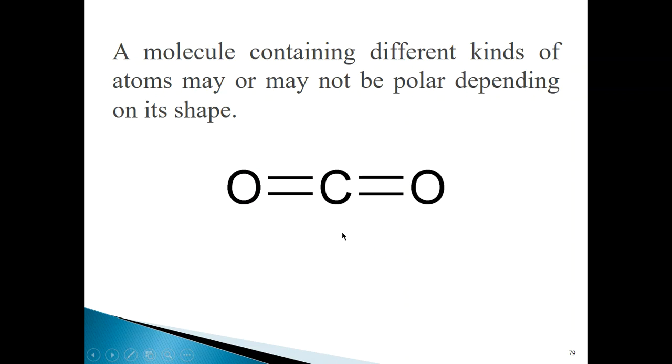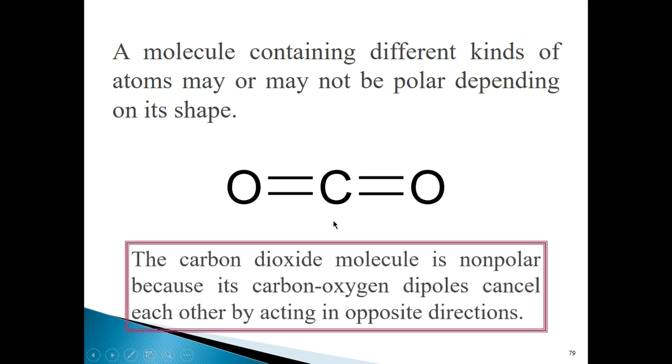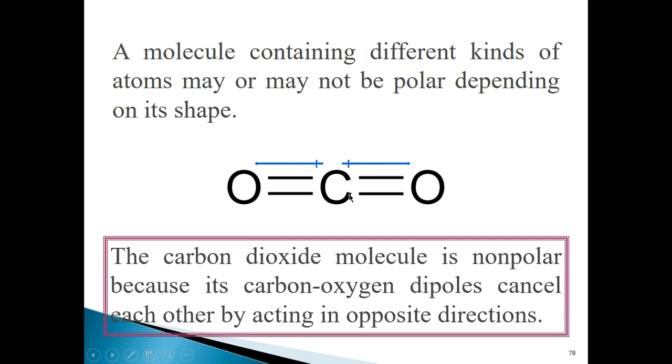As you can see from the structure here, the carbon is in the middle, and it's bonded to two oxygen atoms, one at each end. So for each bond, there's a dipole, and these dipoles will be acting in opposite directions. You have one dipole acting in this direction, the other dipole acting in this direction.